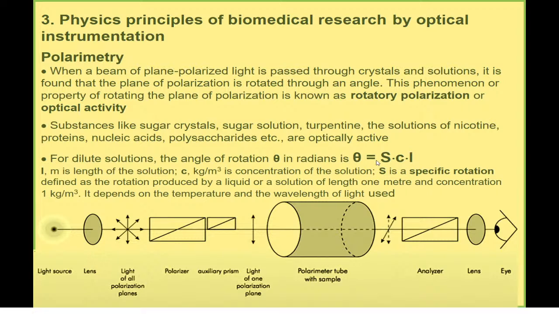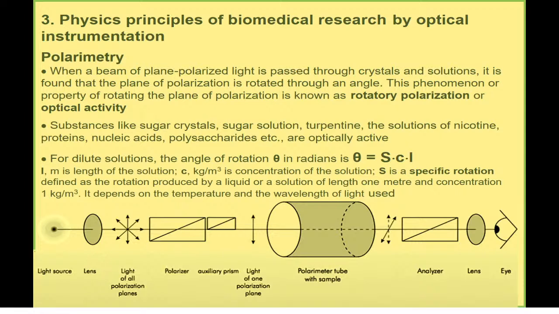And this is the specific rotation, defined as the rotation produced by a liquid or solution under investigation of length 1 meter and concentration of 1 kilogram per meter cubed. It is just the identification of that optically active substance.